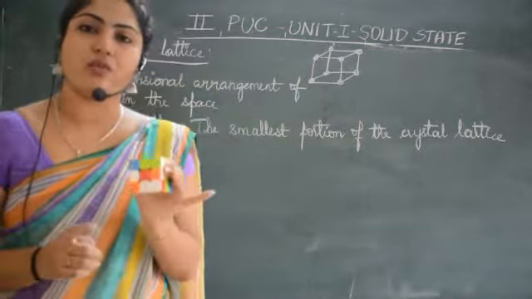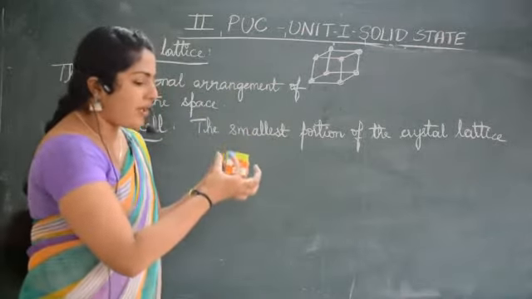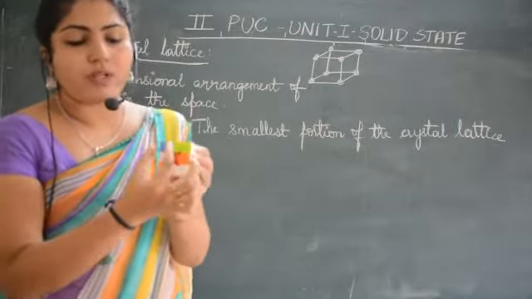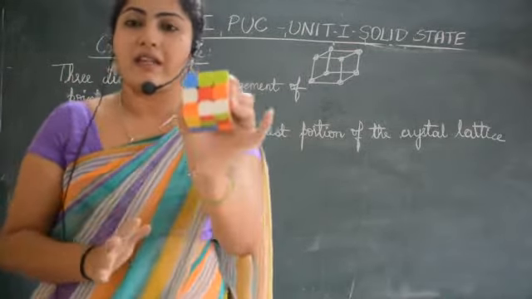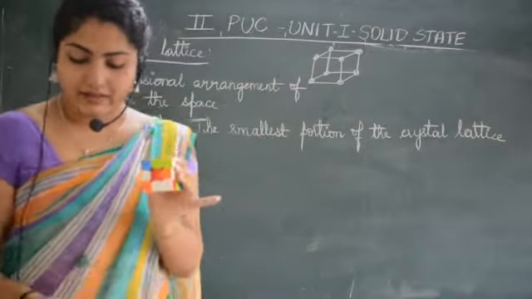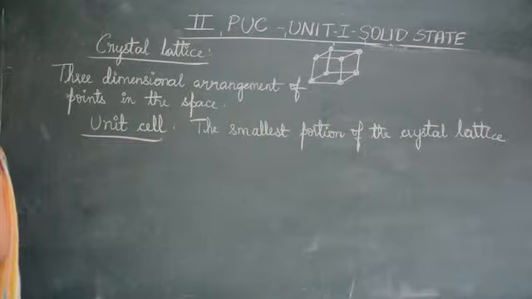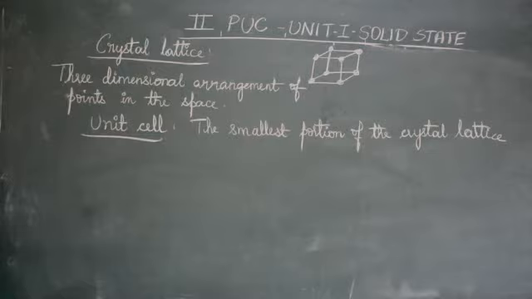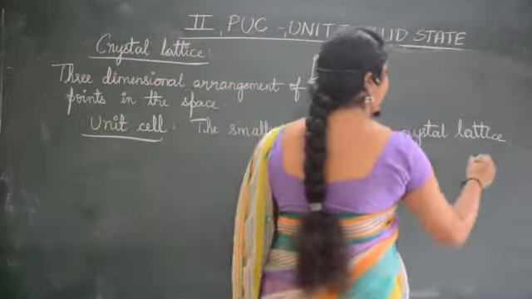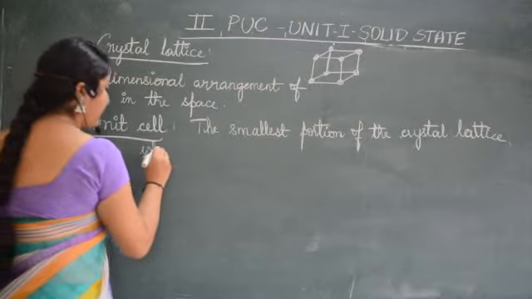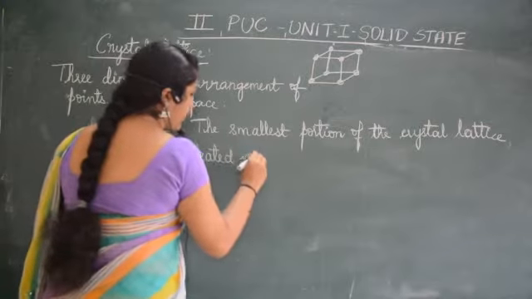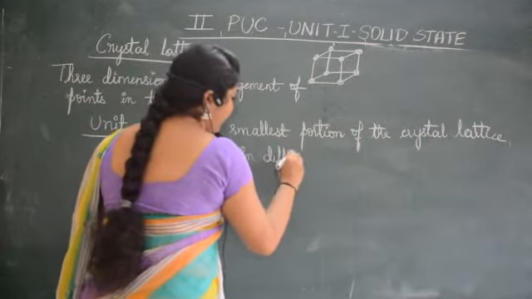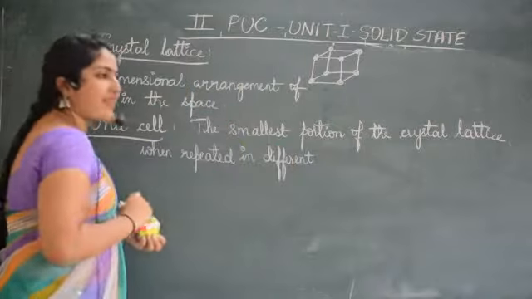Understood? So when you define a unit cell, you will have to say: the smallest portion of the crystal lattice, which when repeated in all the directions in a given space forms a crystal lattice, is called a unit cell. I will go with the standard definition as per the NCERT.